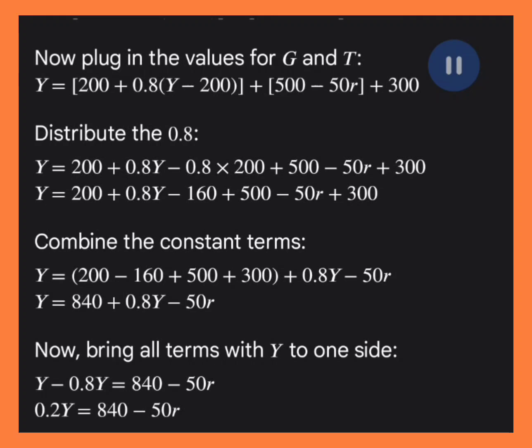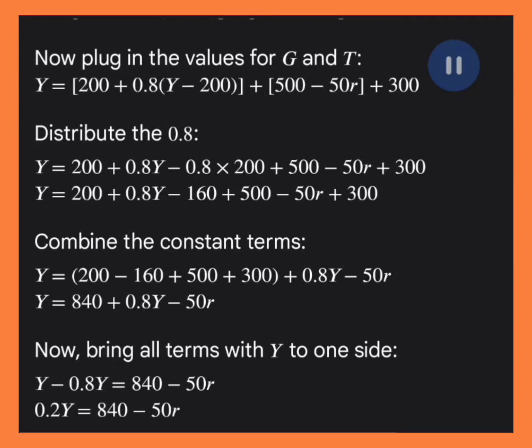Distribute the 0.8. Y equals 200 plus 0.8Y minus 0.8 times 200 plus 500 minus 50R plus 300. Y equals 200 plus 0.8Y minus 160 plus 500 minus 50R plus 300.